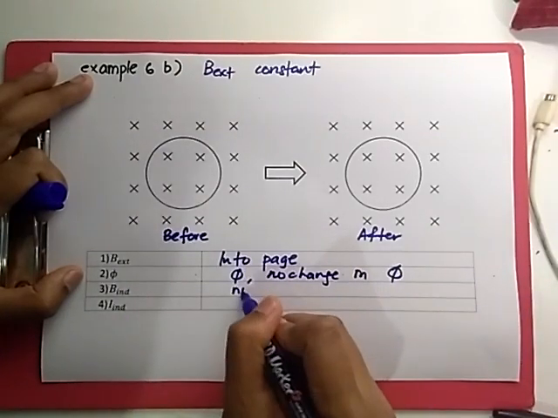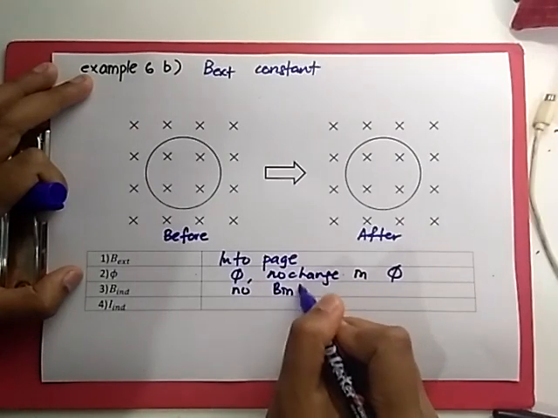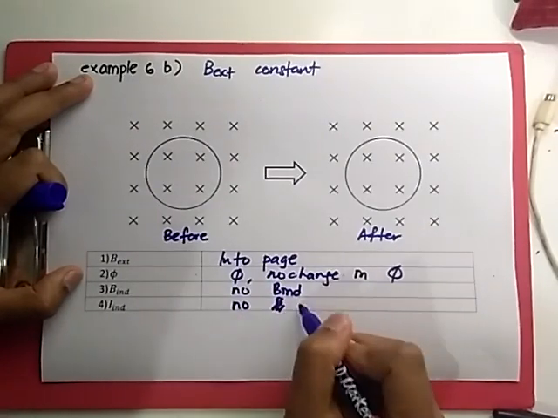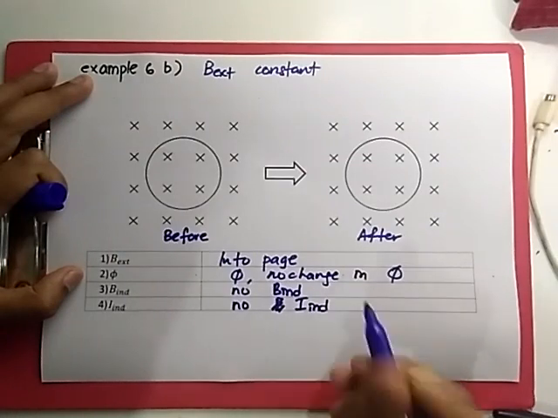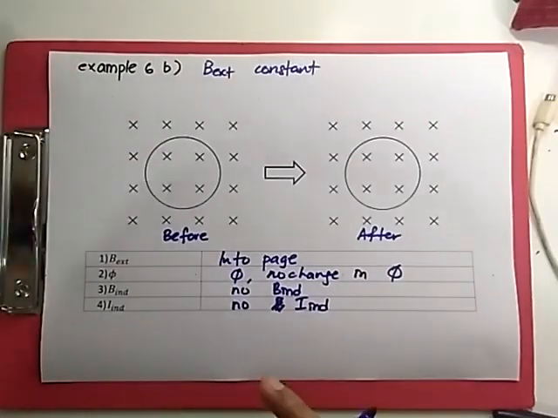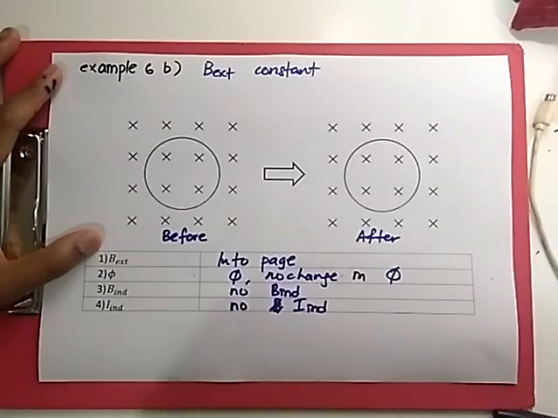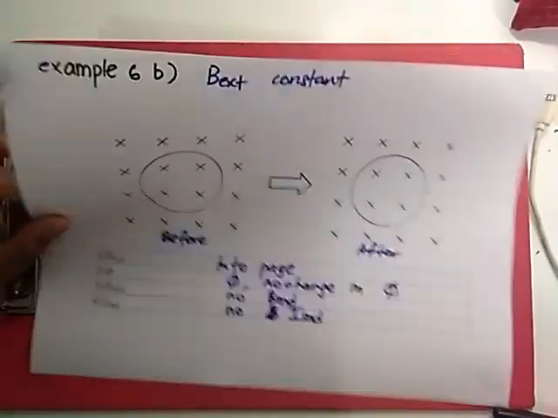Therefore, there is no induced magnetic field and no induced current. So, tidak ada juga induced EMF. Okay, kerana external magnetic field constant. Therefore, there is no change in magnetic flux. So, soalan B simple. Lebih simple daripada soalan A.